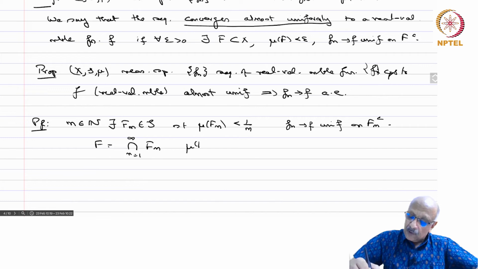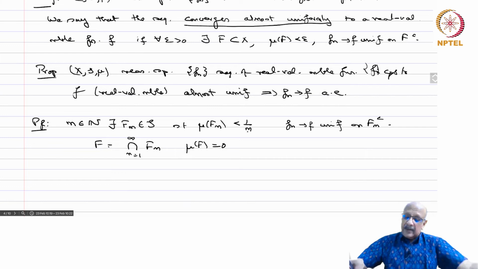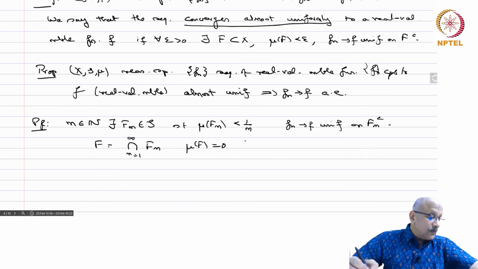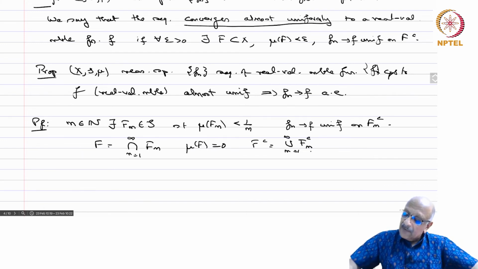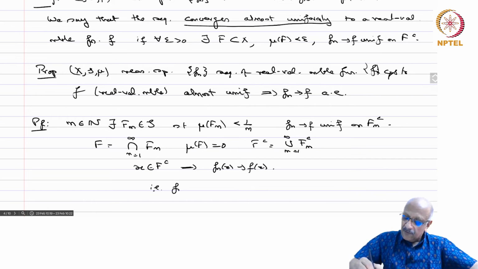Then mu of F is 0, because mu of F is less than mu of Fm, which is less than 1 by m, for each m, so mu of F has to be 0. And F complement equals the union of Fm complement, m equals 1 to infinity. If x belongs to F complement, it belongs to some Fm complement, and this implies that fn(x) converges to f(x). That is, fn goes to f almost everywhere.